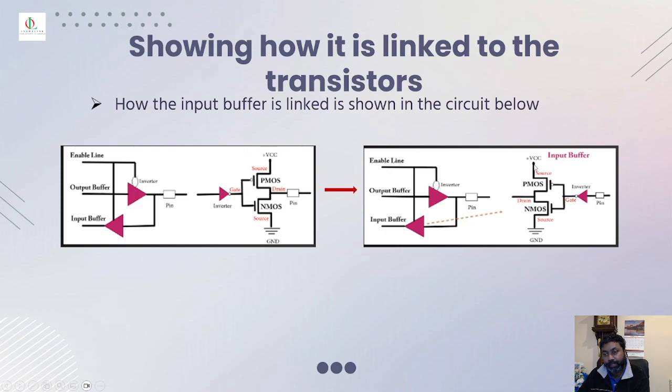So when VCC is on and the enable line is 0, it inverts and the PMOS gets activated. So whatever you get there will go out. So the output is set. If the enable line is 1, then the PMOS goes to sleep or inactive mode. NMOS is wide awake, so therefore you get a logic 0. So that's how the transistors are linked.